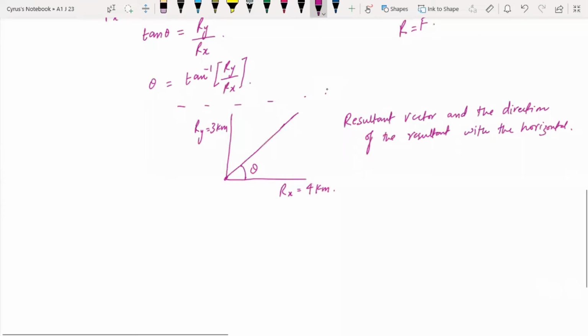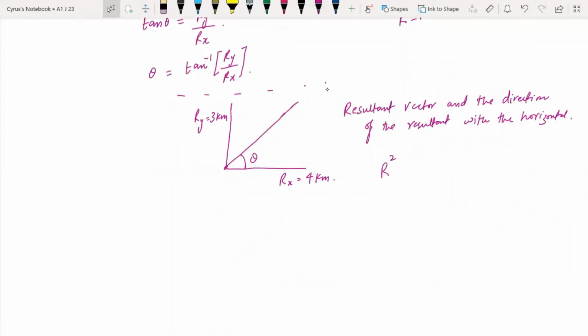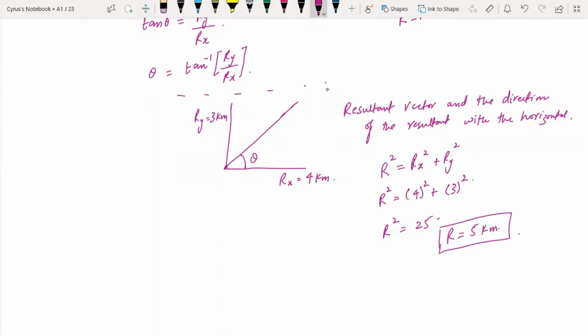What you'll do is write r square is equal to rx square plus ry square, with rx equal to 4 and ry equal to 3, so 4 square plus 3 square, and you get 25, and r is going to be 5 kilometers, right? This is how you will find the resultant vector.